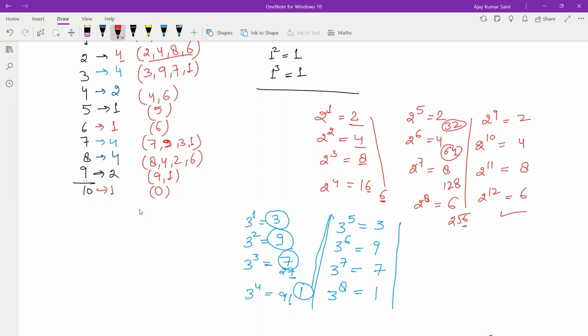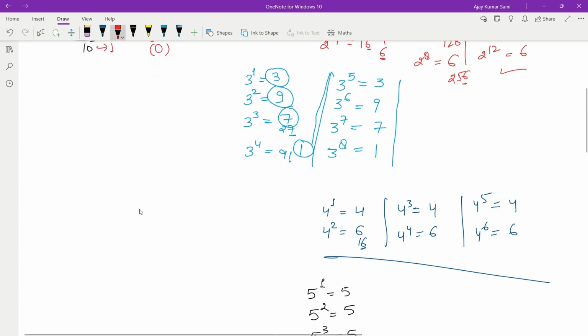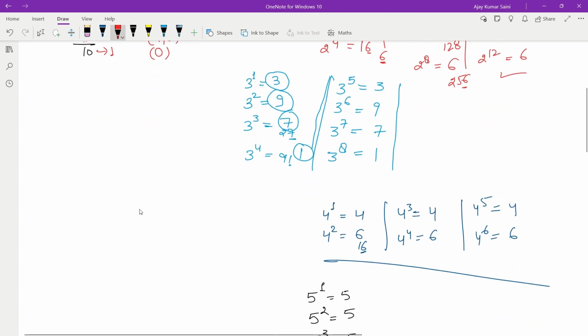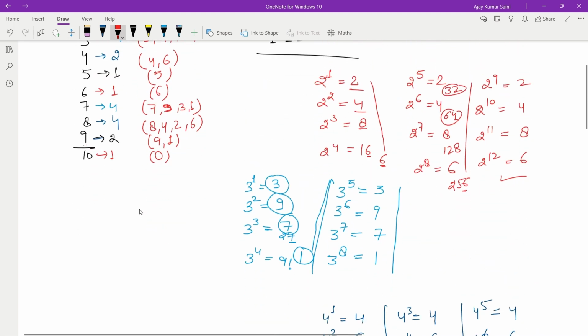So after that I told you how to find the last digits of a number. This is a very simple trick, you can find the last digit of any number in seconds. I hope you understand these things about the last digits of these numbers.